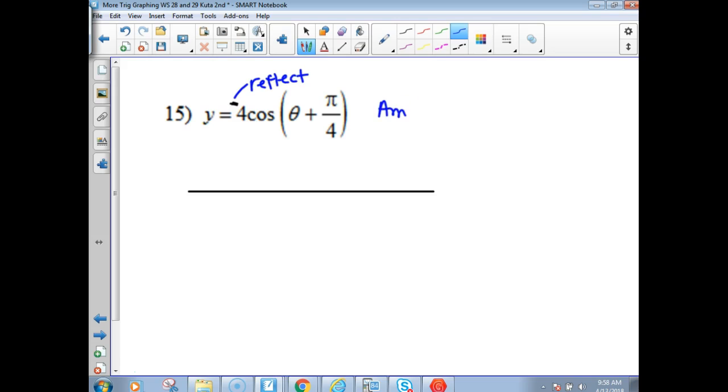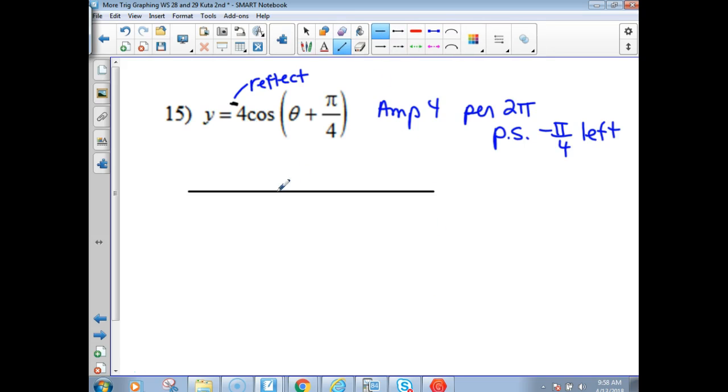I have an amplitude of 4. The period is going to be 2 pi because there's no b value there, but there is a phase shift, and that would be the opposite of this, so it's going to be negative pi over 4, to the left. Since I know I'm going to go left, I'm going to make my y-axis not be right at the edge. Put it in a little ways.